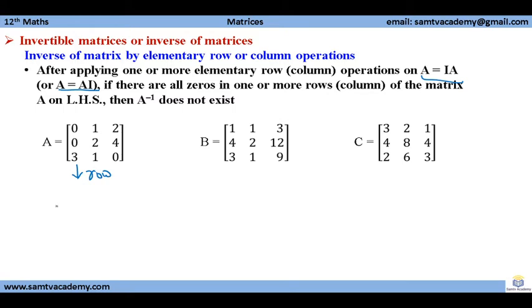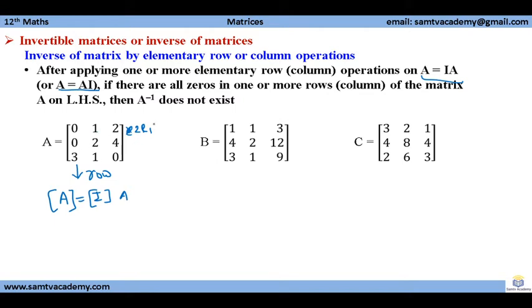So if you want to do row operation in this matrix, how will you write it? You will write it like this: A equals IA. If you are doing row operation, you will see that if you multiply this row by 2, 2R1, it becomes 2 and 4.